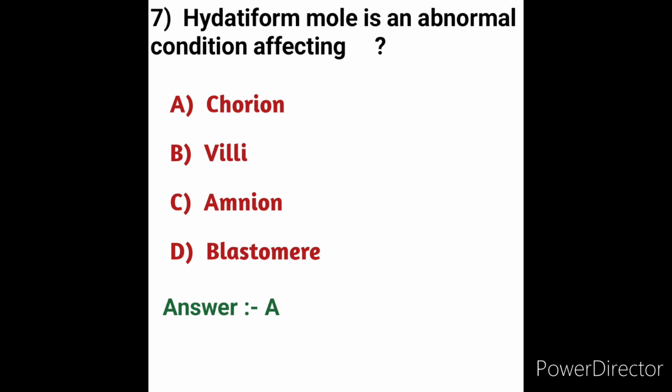Options: option A chorion, option B villi, option C amnion, and option D blastomere. Hydatidiform mole is an abnormal condition affecting the chorion. Option A is the correct answer. A molar pregnancy is known as a hydatidiform mole.